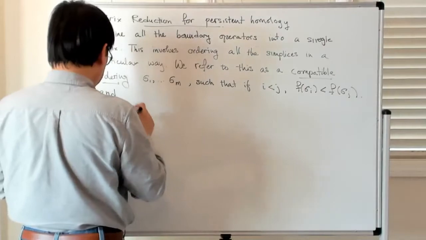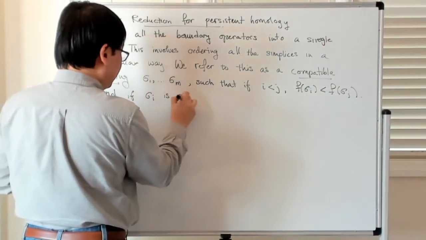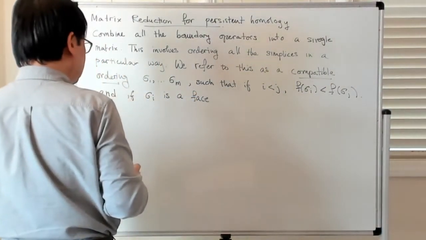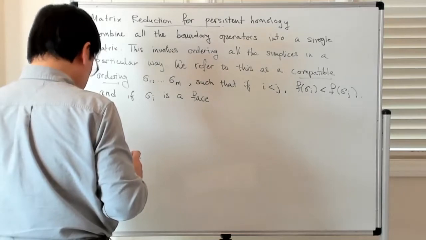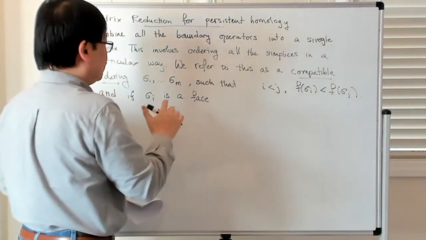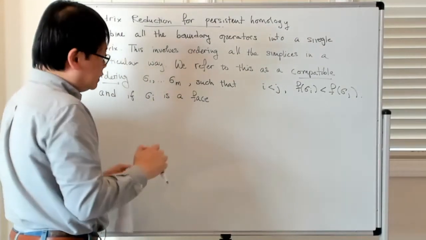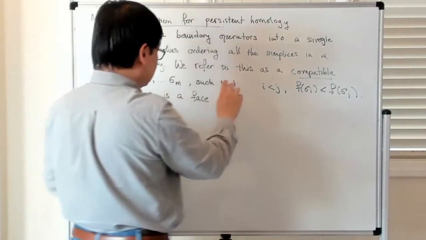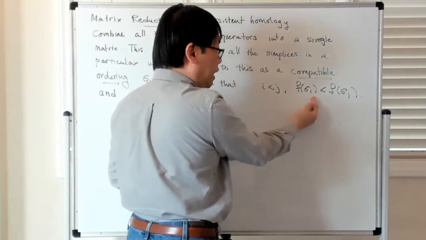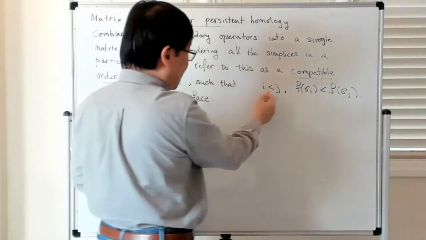Okay, and if sigma i is a face... no, I'm sorry, that's not what I meant. What I meant was that the implication is a little bit different. What it says is the following: if the filtration function applied to sigma i is less than the filtration function applied to sigma j, then it has to be that i is less than j.